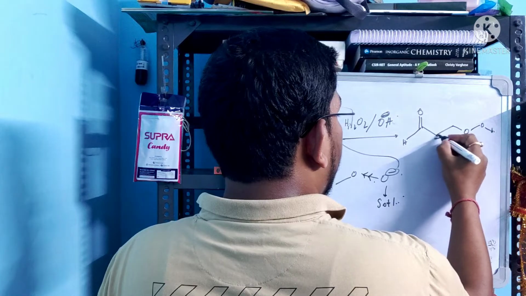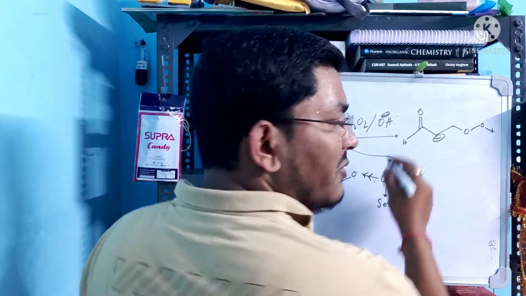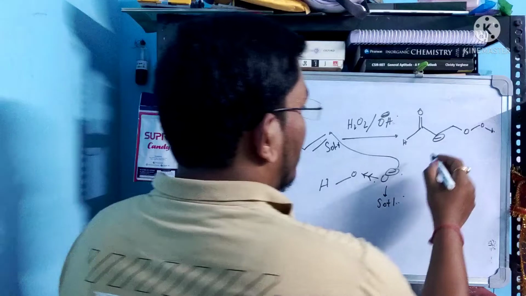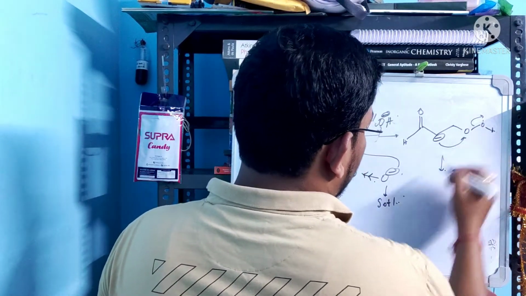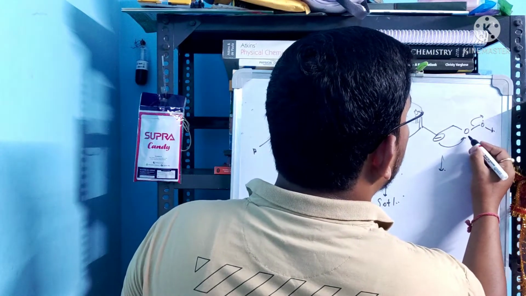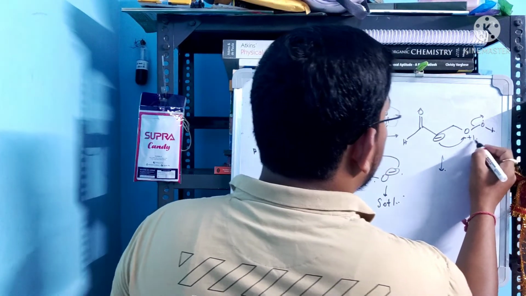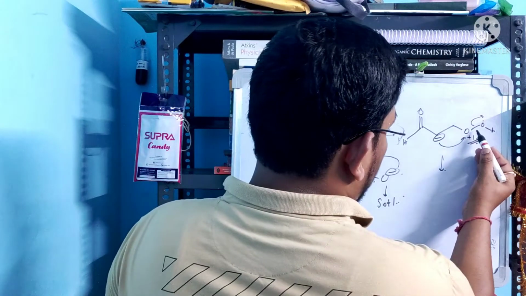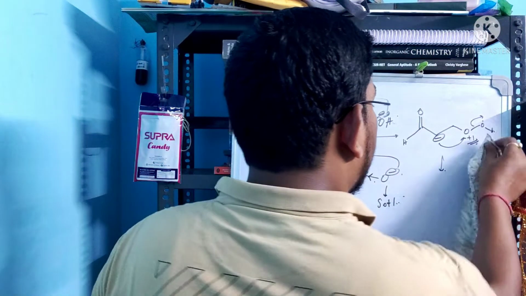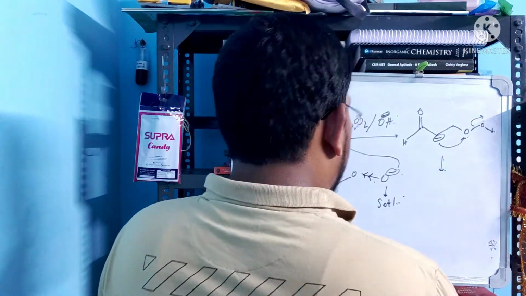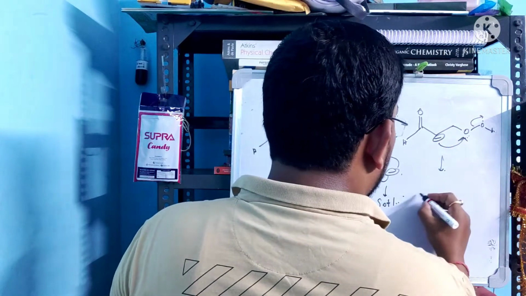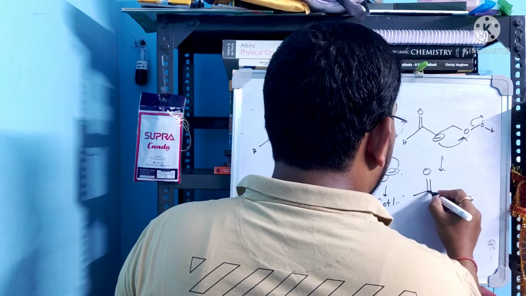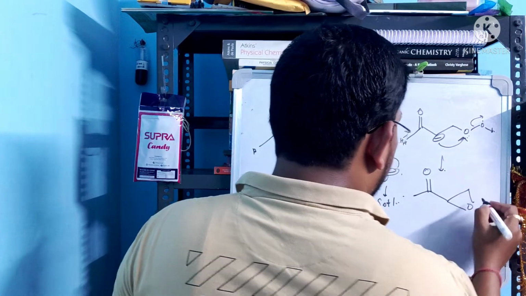The negative charge is here, and you can show the resonating structure. Then it will attack here. Attack here, and this will be removed, and we will get this one.